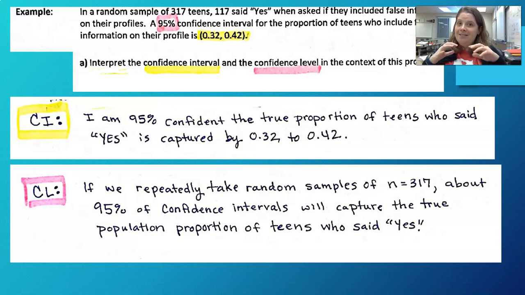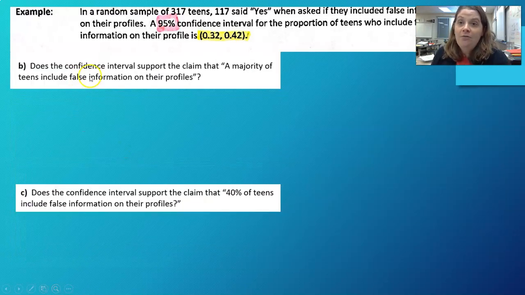Okay, so this is not a probability. It's not a chance. You should never, ever, ever pick any answer or write anything about a chance or a probability. What we're saying is if we repeatedly do this, we expect success in about 95% of those confidence intervals we construct.